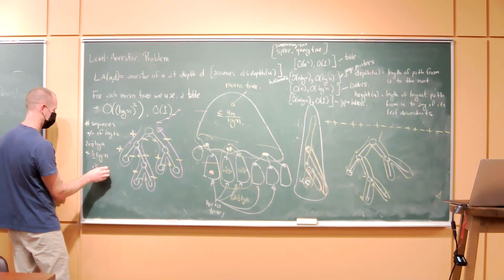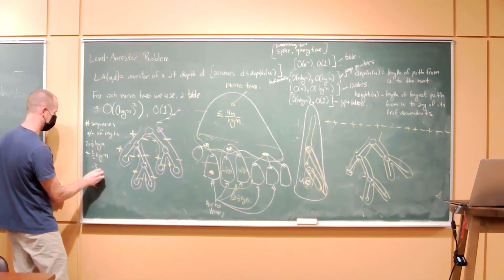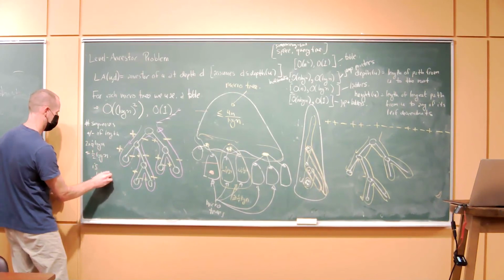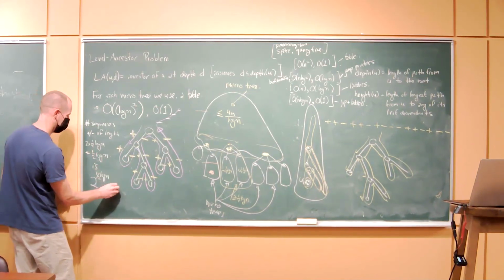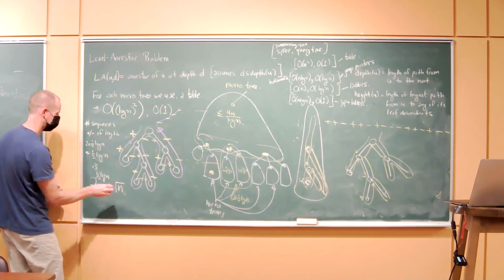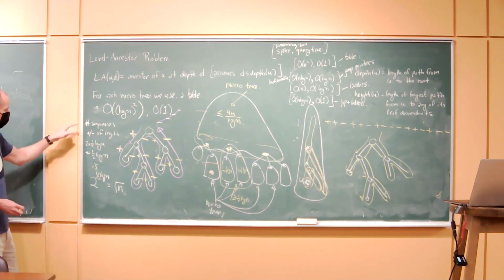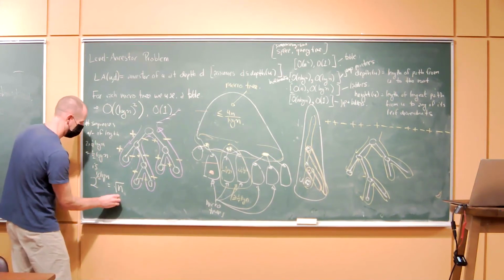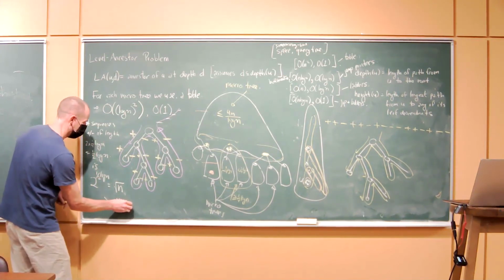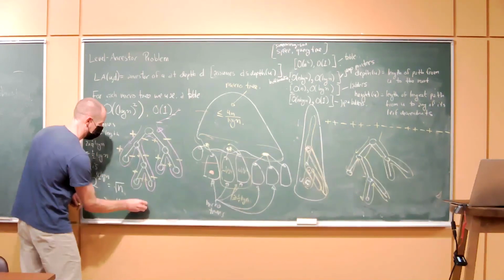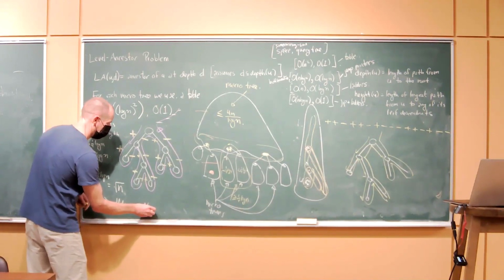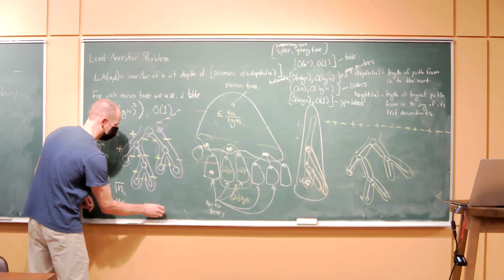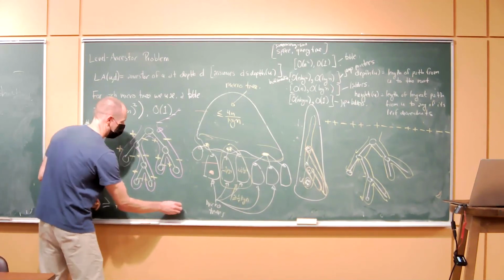So the number of sequences is 2 to the 1/2 log n, which is the square root of n. And that is bigger than or equal to the number of trees with at most 1/4 log n nodes.